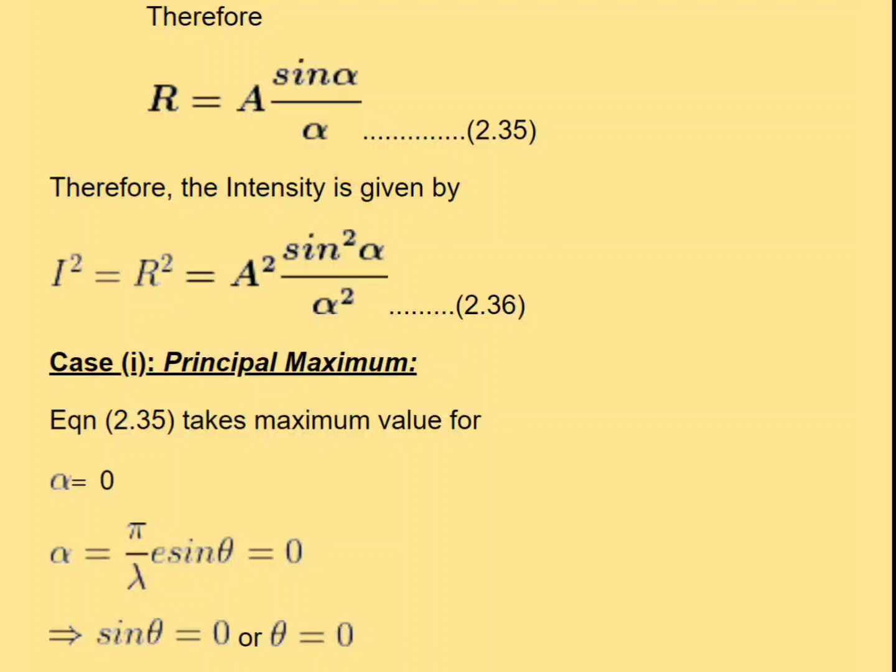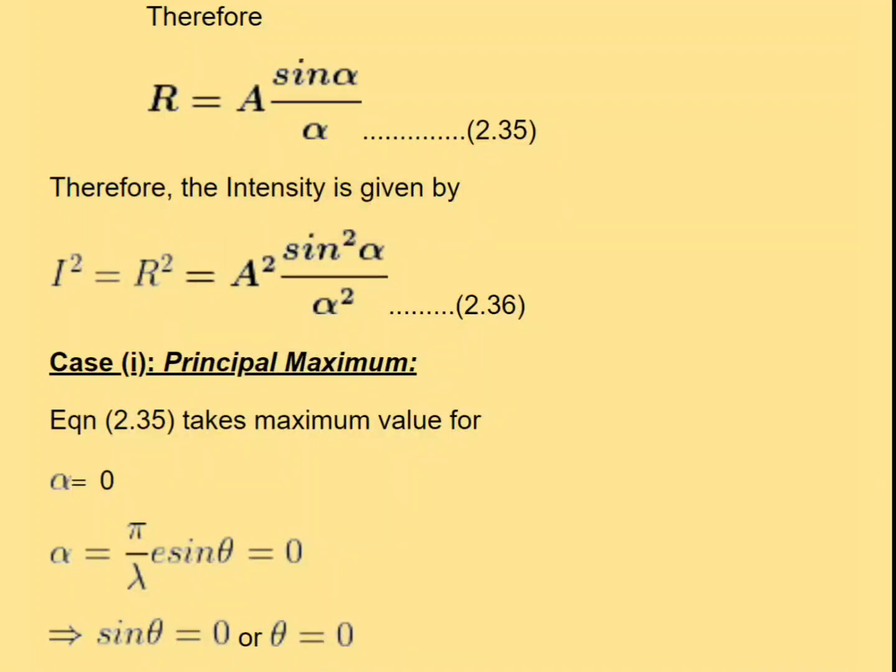This is the resultant amplitude only, but we have to find the intensity at the point P1, because we already know the intensity at point P0 as central maxima, or it can be named as principal maxima also. Then what about the intensity at point P1, whether it is maxima or minima? That is our main point here we discuss. For that, first of all we find the formula for intensity.